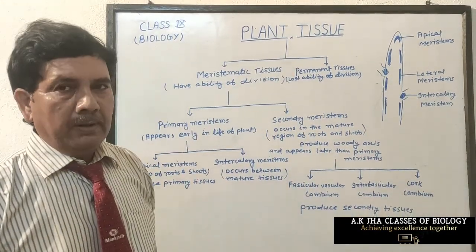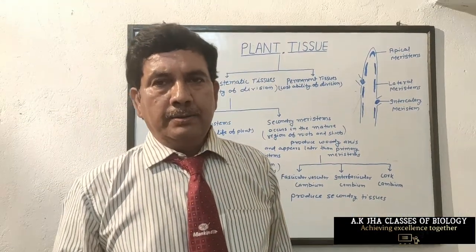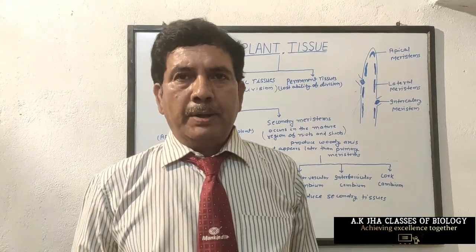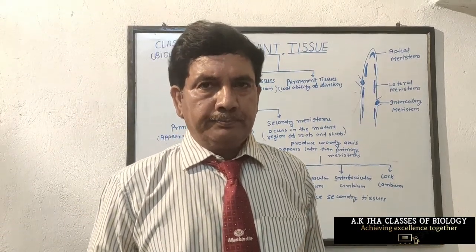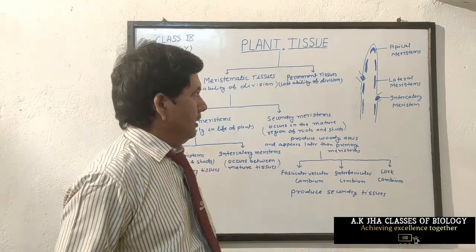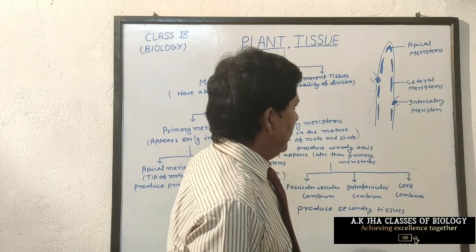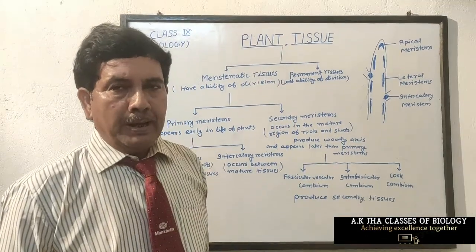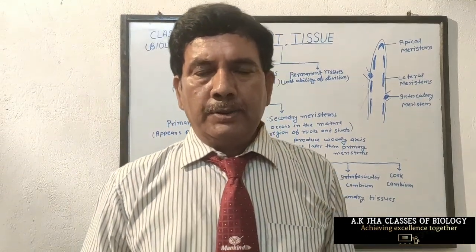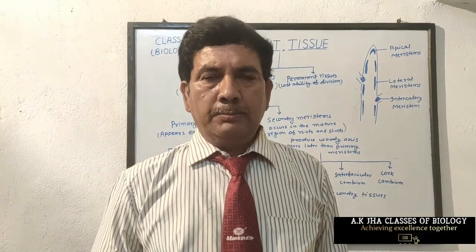Apical meristem continuously divides and helps in primary growth of the plant. Lateral meristem appears later in the life of the plant and helps in secondary growth of the plant.